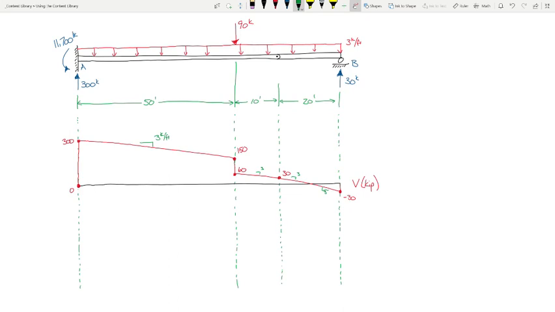So this is just 10 feet, and this is 10 feet. So what's the area under the shear diagram in these regions? 150, right? Because 30 times 10 over 2. So this one's going to be minus 150, and this one's going to be plus 150.